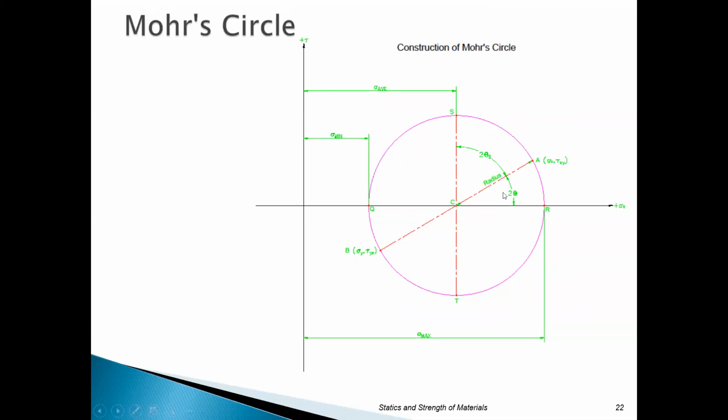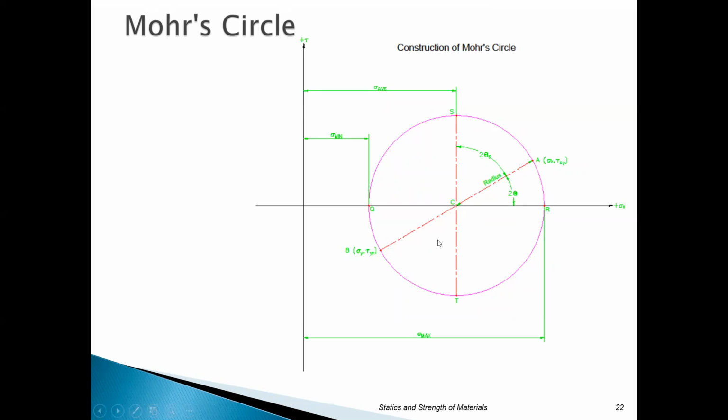To set up Mohr's circle, the first thing you'll do is get this value A, this value B, and this value C. Then you construct a line, and it should pass through all three of those. The distance from C to A is the radius of Mohr's circle, and I'll show you the calculation for that. And then, of course, C to B would also be the same, so that gives you the radius.